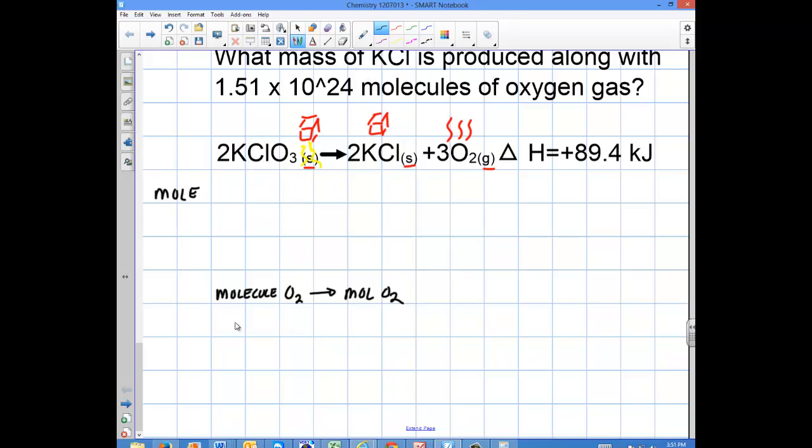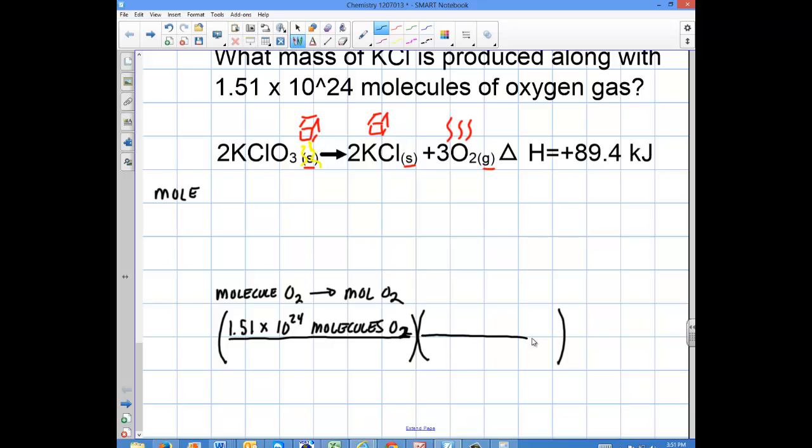So I'm going to have 1.51 times 10 to the 24 molecules of O2, like this. And I'm going to use Avogadro's number. Avogadro's number is simply a number to group items, like a dozen is 12, and Avogadro's number is 6.02 times 10 to the 23rd.